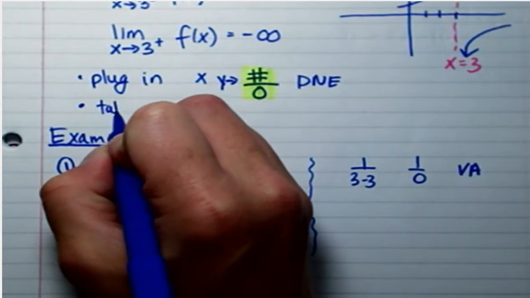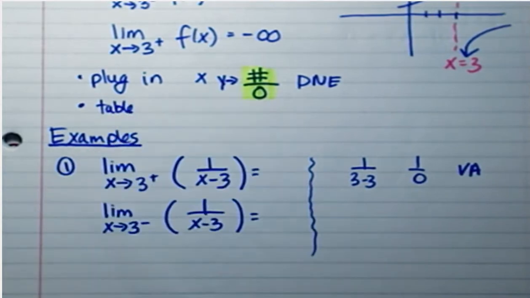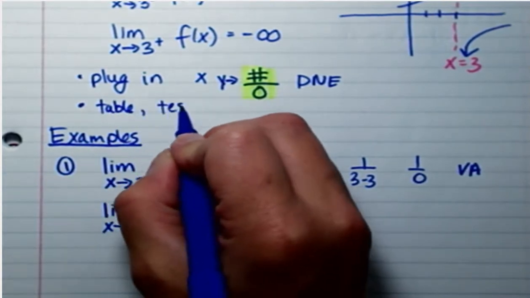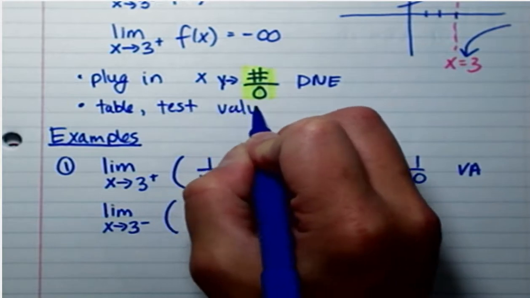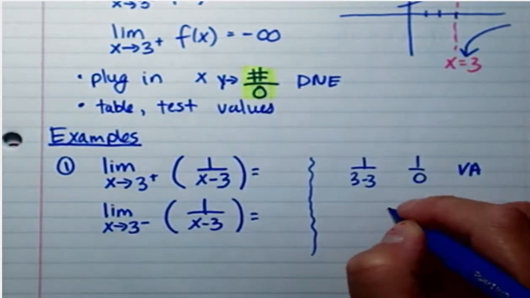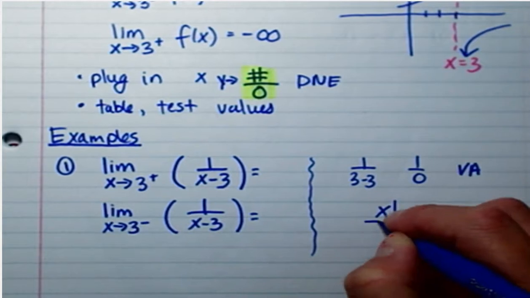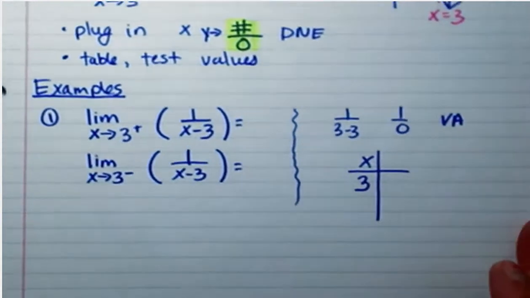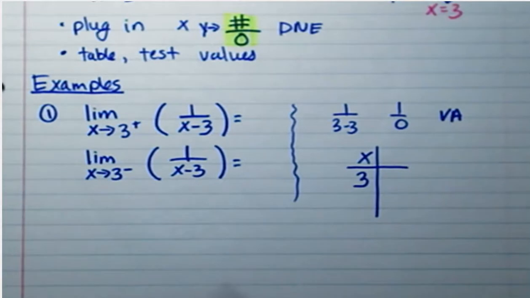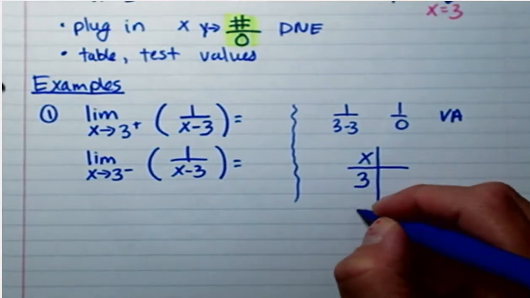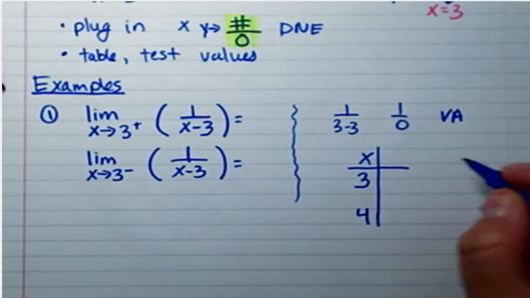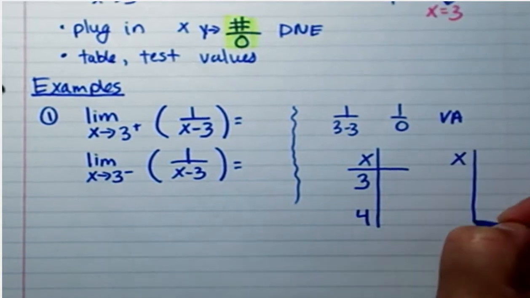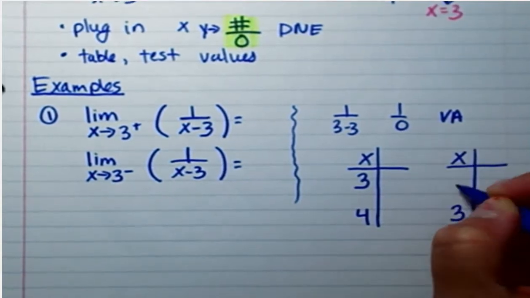So you're going to make a table like you did in that 2.2 homework, and you're going to test values. So let's make a table. I'm going to put 3, and I'm going to put 4. Make another little table. I'm going to put 3, and I'm going to put 2.